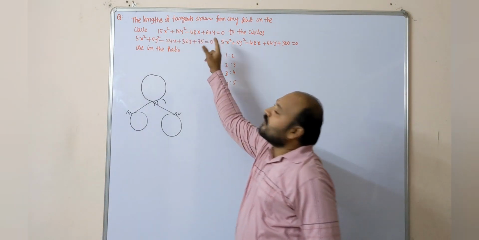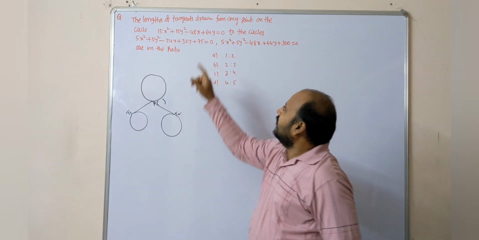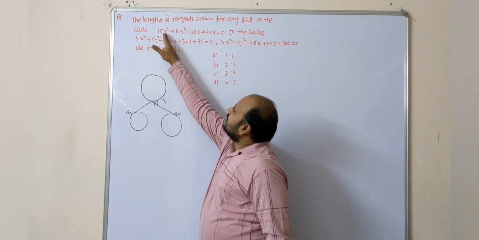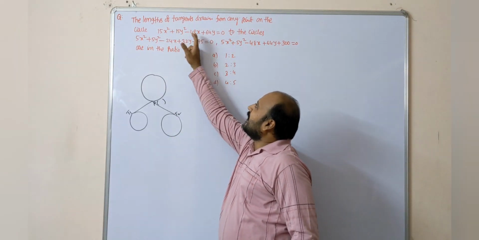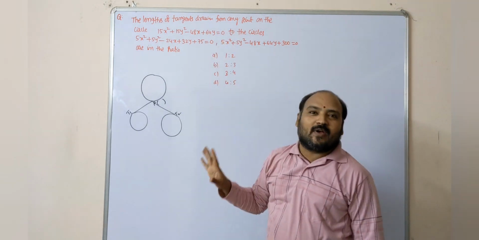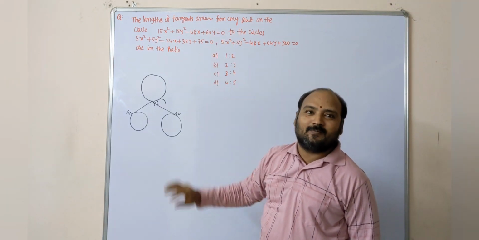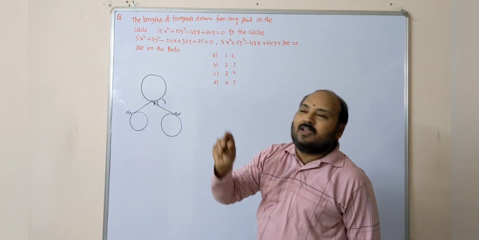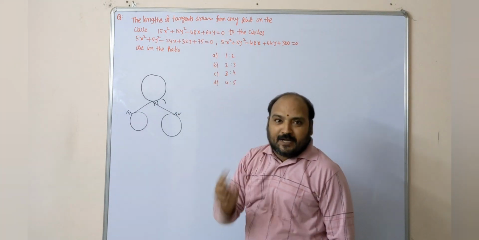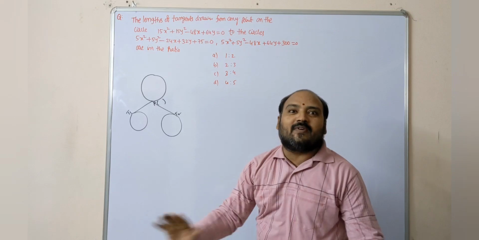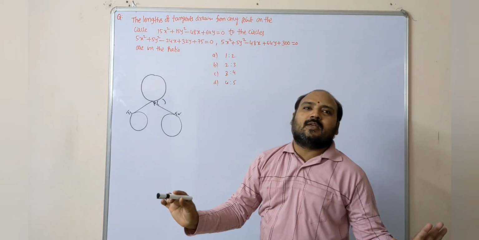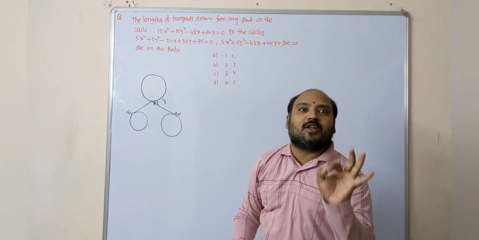In the first equation of the circle, the constant term is not there: 15x square plus 15y square minus 48x plus 64y. So there is no constant. Whenever the constant is absent in the equation of a circle, this circle is obviously passing through the origin.